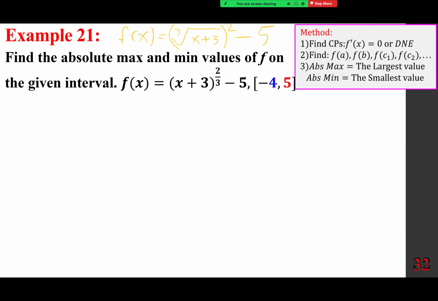We are dealing with the cube root. As you know, there is no restriction on a cube root.